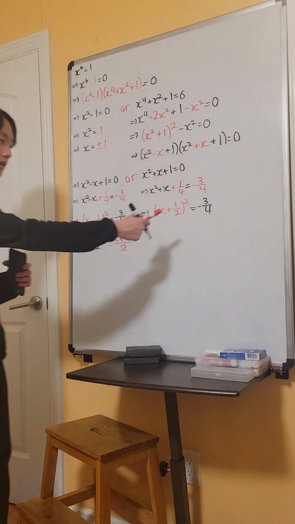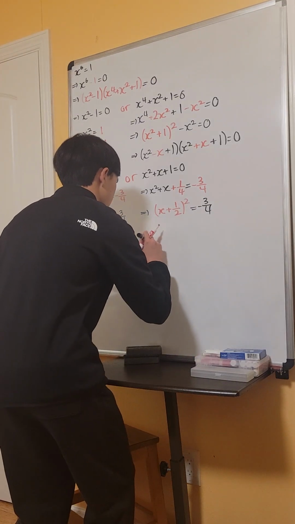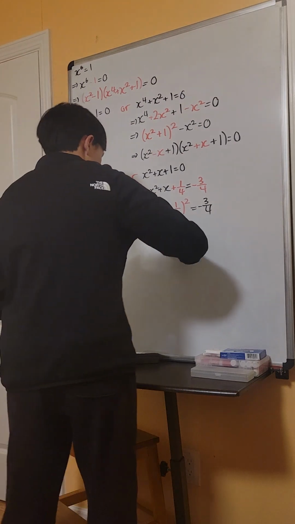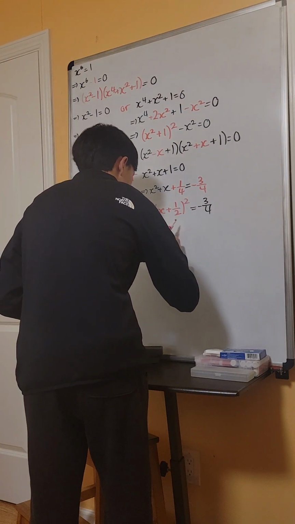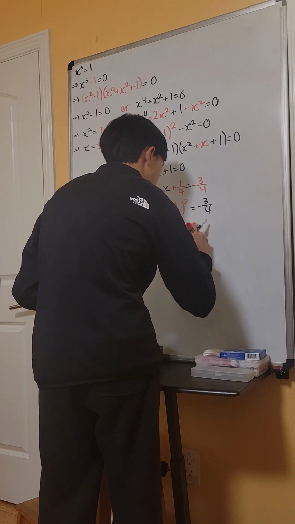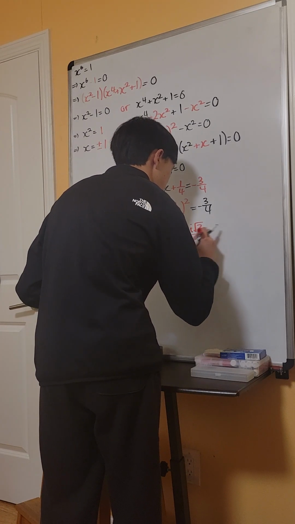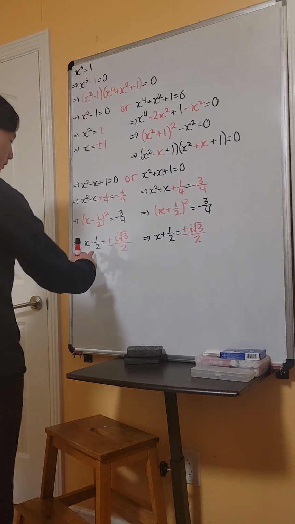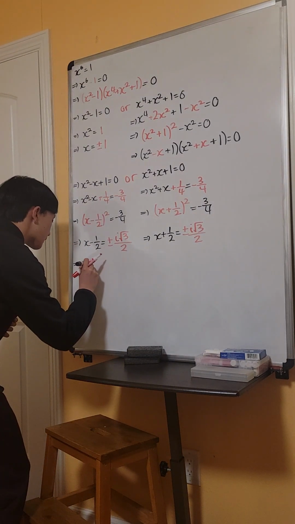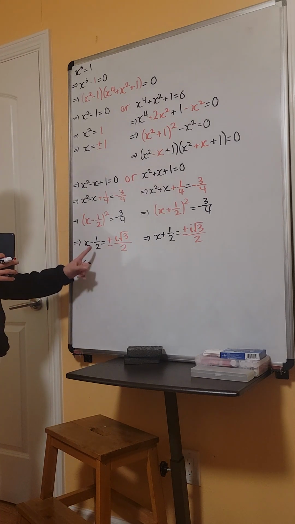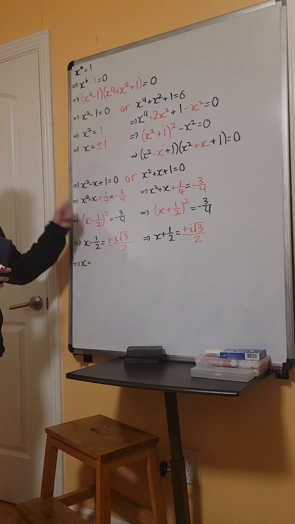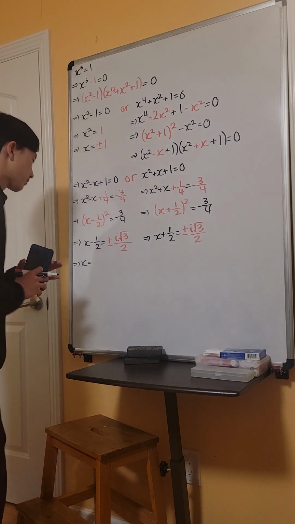Same idea on this side. x plus 1/2 is equal to positive negative i root 3 over 2. And we're almost done. Just move the 1/2 over on both sides. You get x is equal to, adding 1/2 on both sides, notice that you can combine the fractions. You get positive 1 plus or minus i root 3 all over 2.